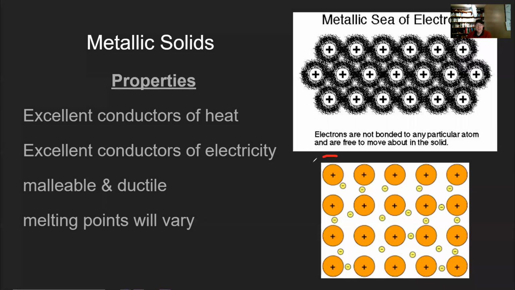Taking a look at this bottom picture on the right, let's say each one of these is a silver atom with its valence electron sitting here. And that's a silver atom with its valence electron. There's a silver ion with its valence electron, and each of those is attracted to something.